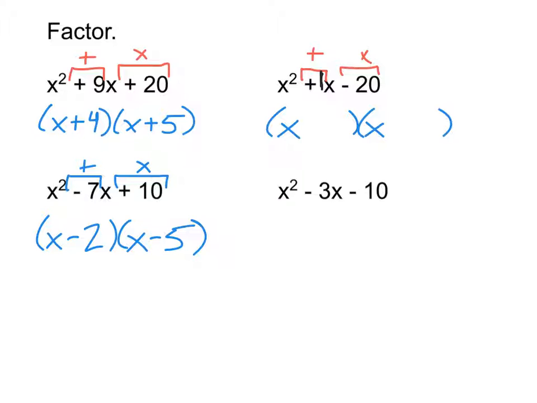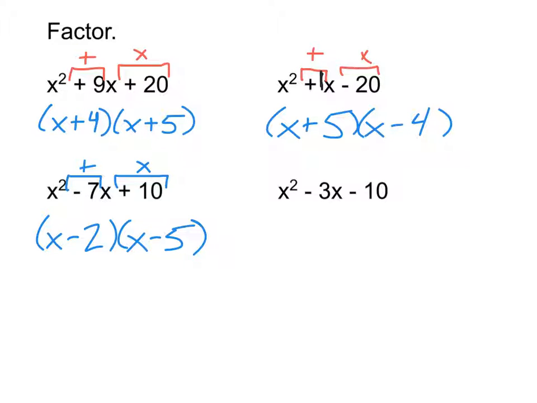Well, that means if I'm going to multiply to a negative, I have to do a positive times a negative. Well, if one of them is positive and one of them is negative, notice if the 5 is positive and the 4 is negative, they add to 1. And so that ends up being our combination. That's what we're looking for.